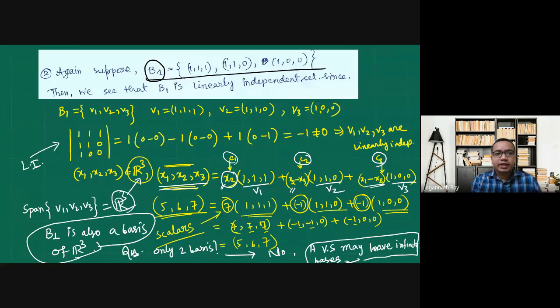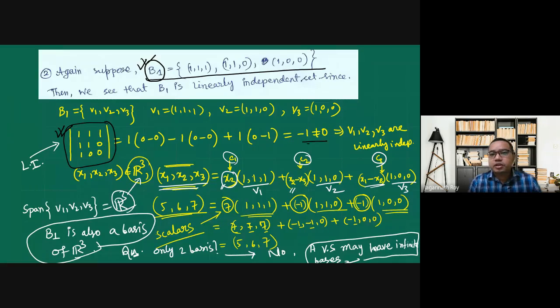Given any set of vectors, we have to check whether it is linearly independent or not. We have seen a shortcut method: we write these vectors as the rows of a matrix and take the determinant.